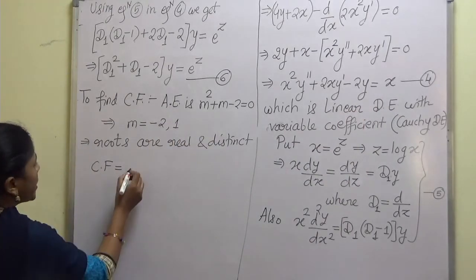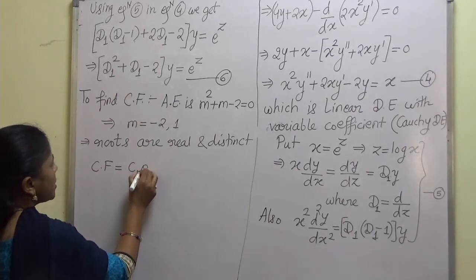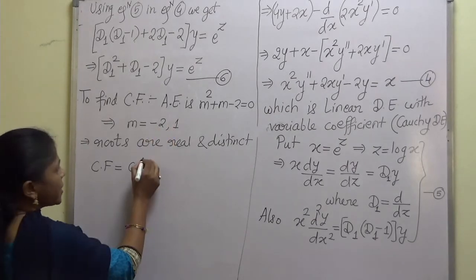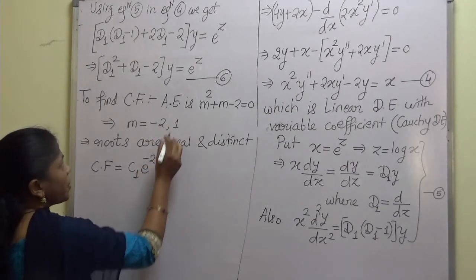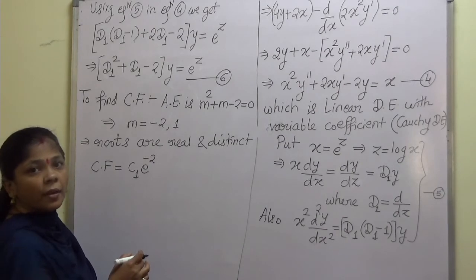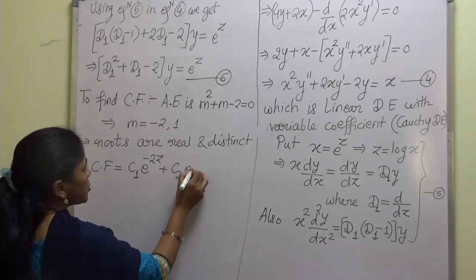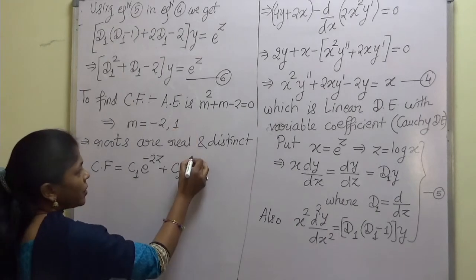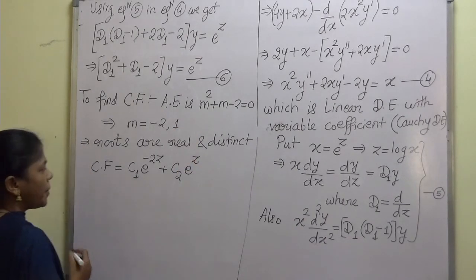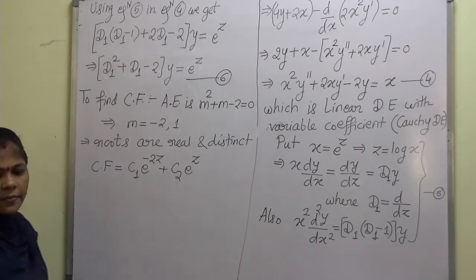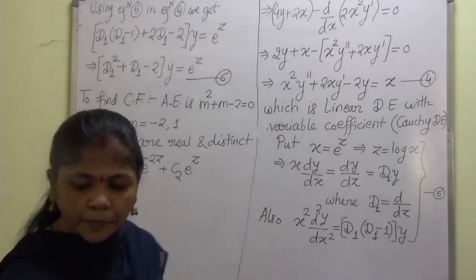So the complementary function is c1 e raised to the first value of m, that is minus 2, into the independent variable z, plus c2 into e raised to the second value of m into z. So this is the complementary function. Now let us find the particular integral.